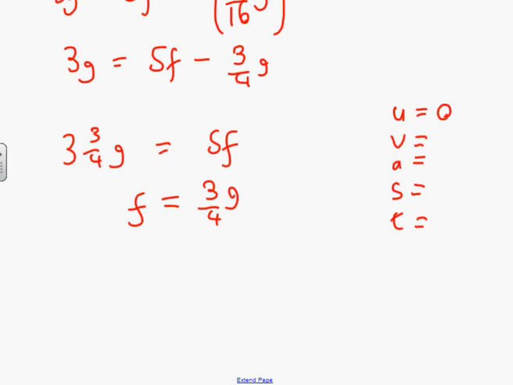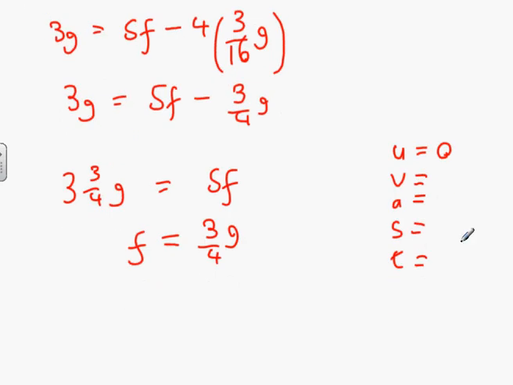Your acceleration for the wedge is your 3 over 16g. The distance you cover is 1 meter. The wedge travels in this direction here. So let's say the wedge covers the green distance, which is 1 meter.